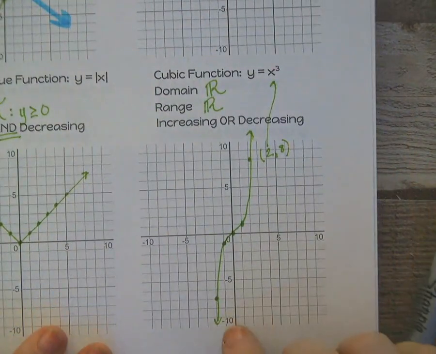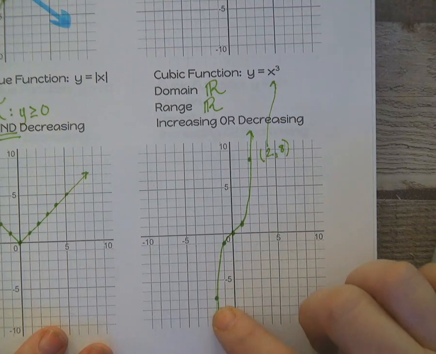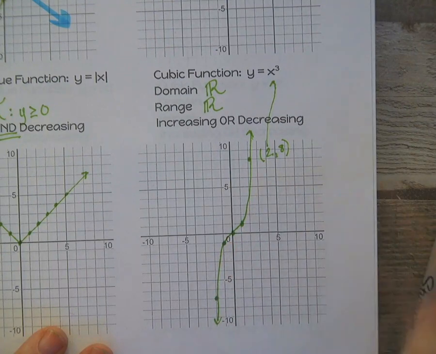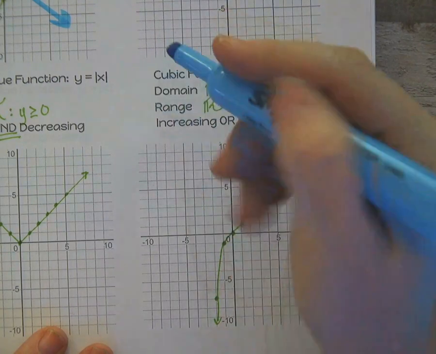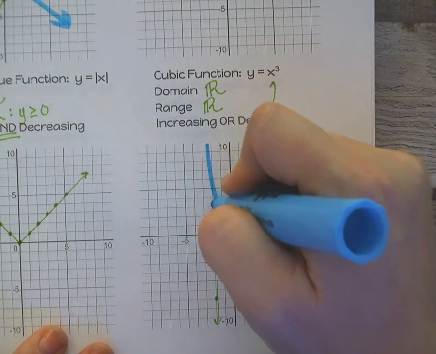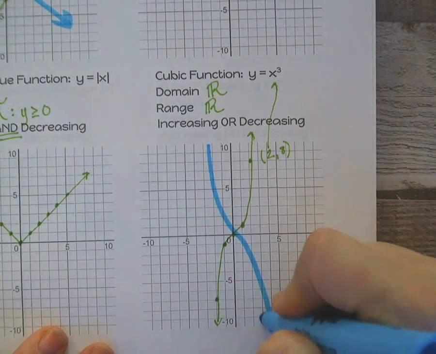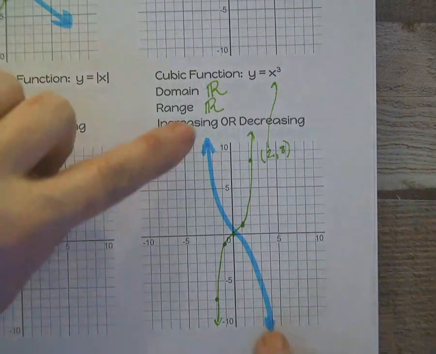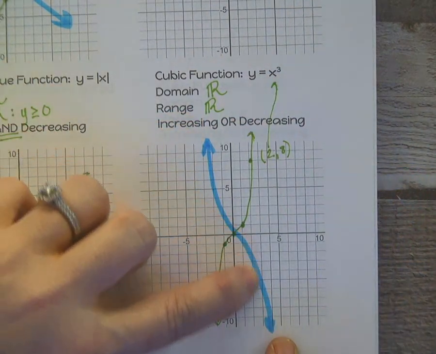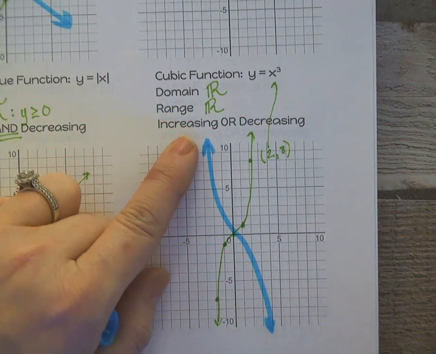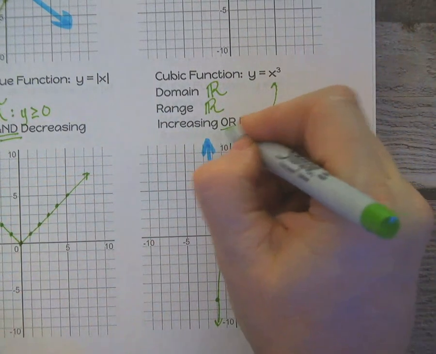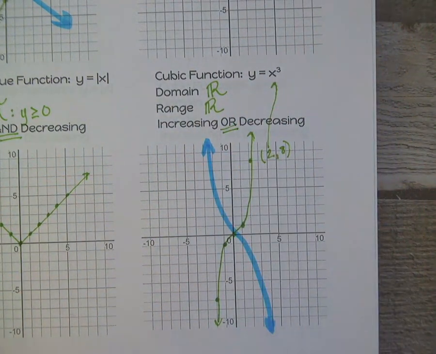As you start on the left, a cubic function is always going to be increasing the entire time. It's also possible for it to go like this, and in this case, it would continually be decreasing, but it's not going to do both. It's either increasing or it's decreasing.